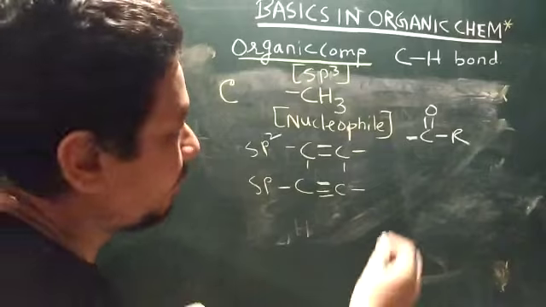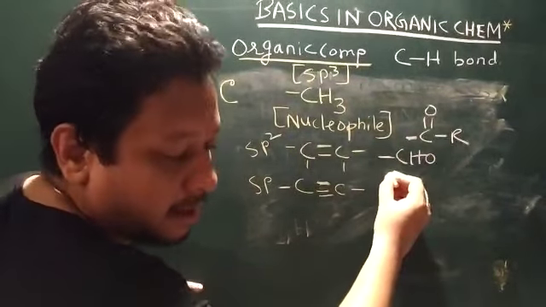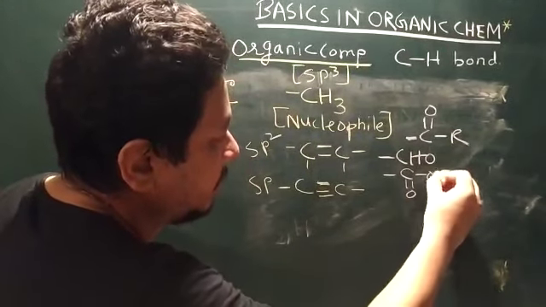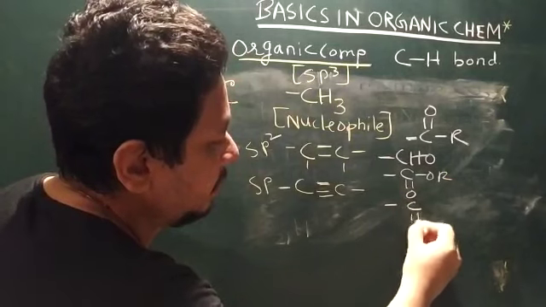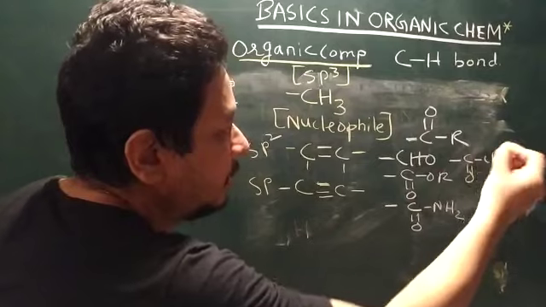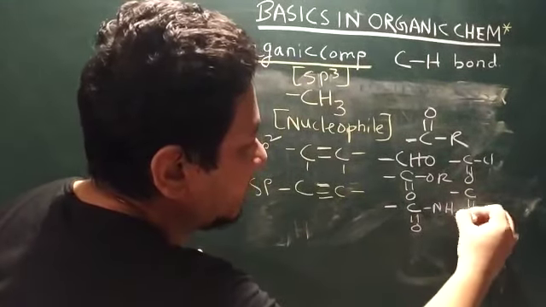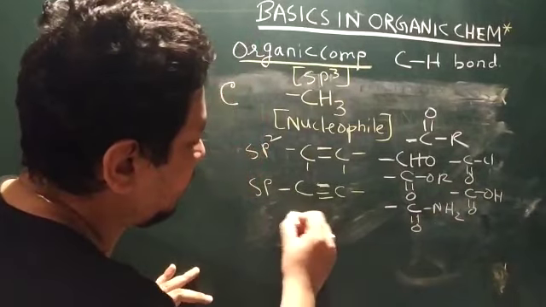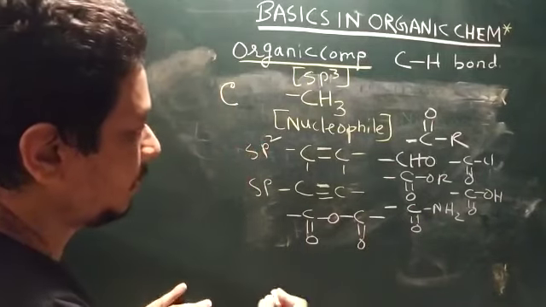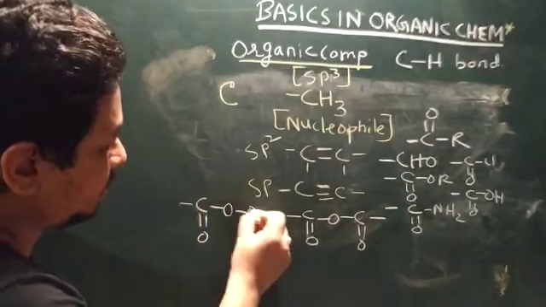For example, you have aldehyde, CHO, which you can write in this fashion. Then you have ester, then amide, then acid chloride, then carboxylic acid, then also anhydride, and peracid, COOOH.